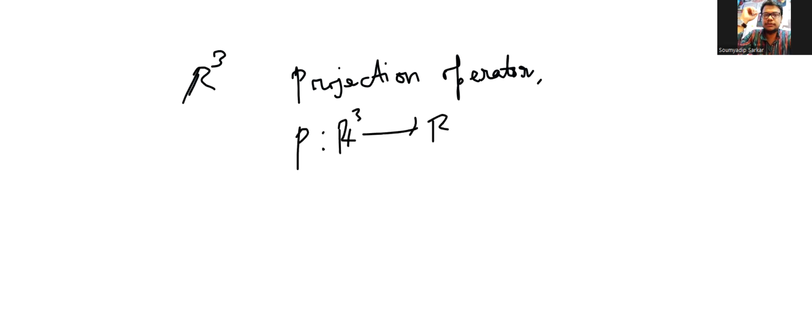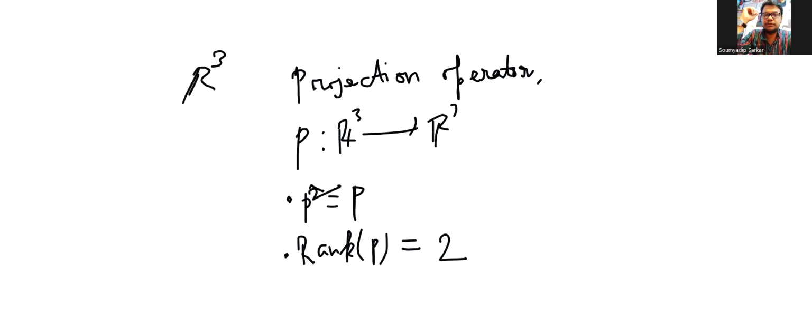By projection, what I mean, first of all, this is idempotent, that is P squared is equal to P, and then the rank of P is, let's say, I'm interested in the space of all two-dimensional subspaces of R^3.